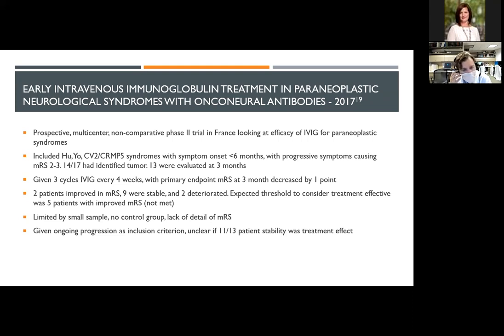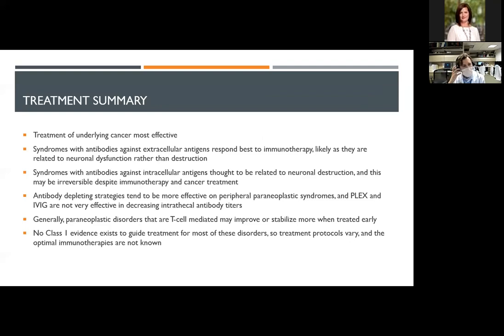They were really small studies, but most patients did have stability, which may support that even in the T cell mediated disorders, there's a benefit of immunotherapy early, even though the same treatments later on in the course did not seem to be beneficial. Although there's not a lot of alternatives, to be honest. So that may support that still treating them the same way can be beneficial in some circumstances.